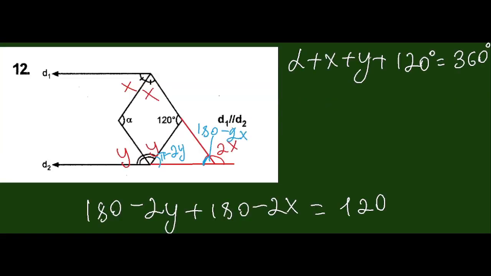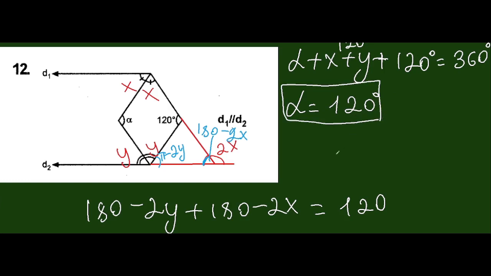So we can plug 120 into this expression, and alpha will also be 120, because if we add 120 to 120, we get 240, and if we subtract from 360, we get 120. So this is our answer.